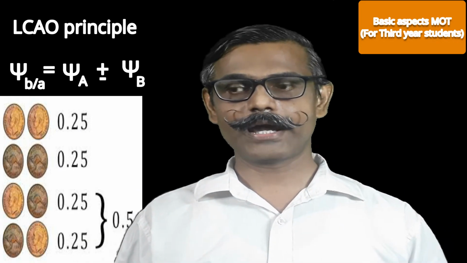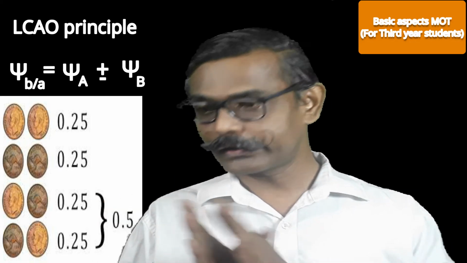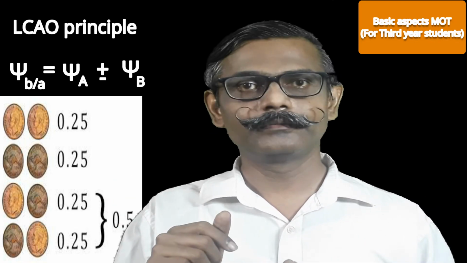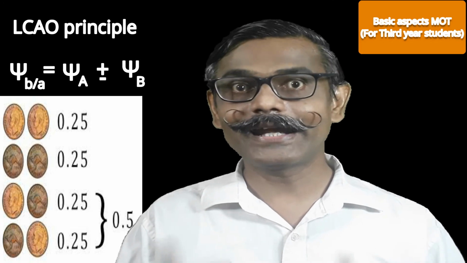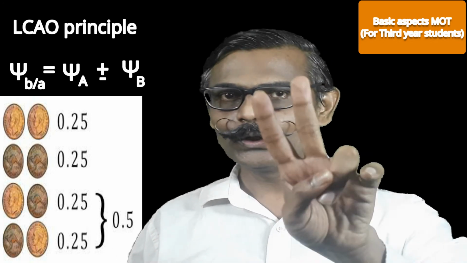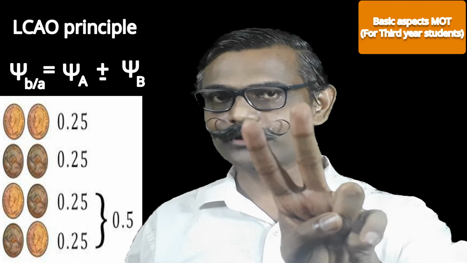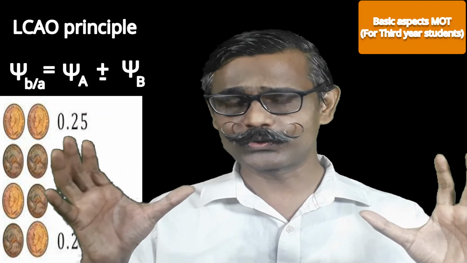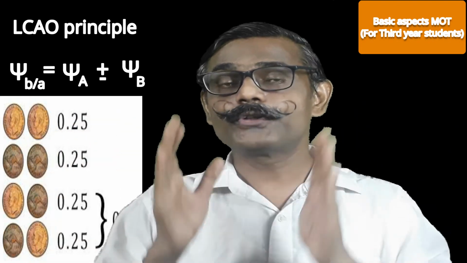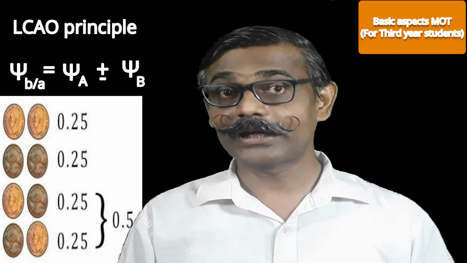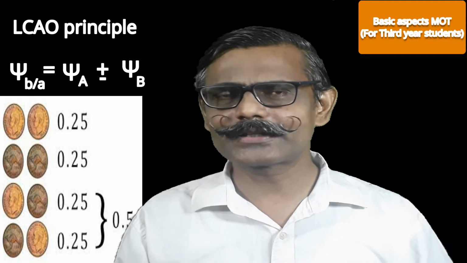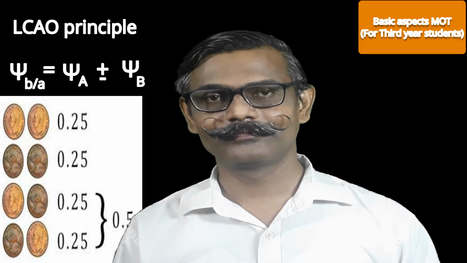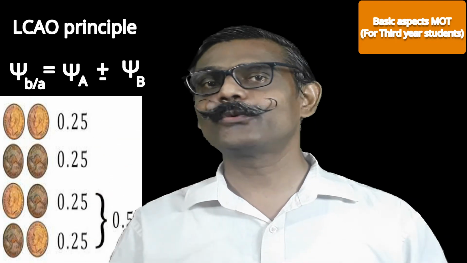I can get head and head, or tail and tail, like possibilities, or head and tail, or tail and head, unlike possibilities. Out of those 4, 2 are like possibilities and 2 are unlike possibilities. 50% like, 50% unlike. Likewise, if I consider two waves, then 50% chances are there that positive and negative will combine. That is called addition. And 50% chances are there that positive and positive will combine. That is called subtraction. So here we are considering possibilities of combination.